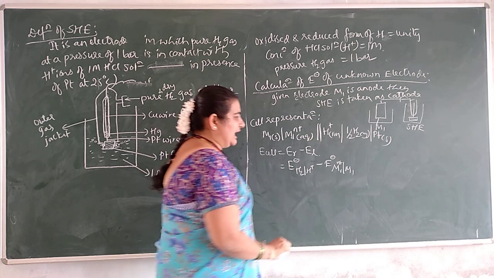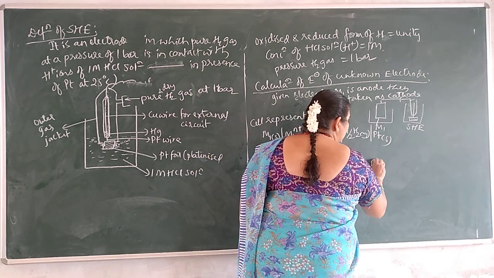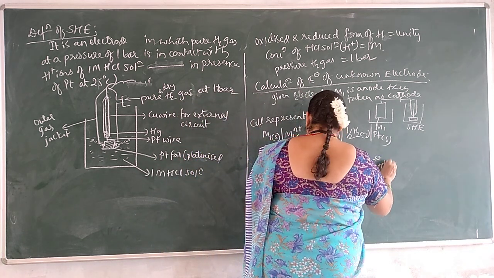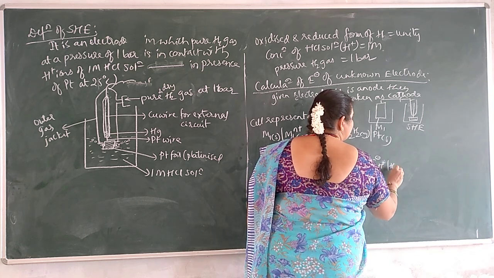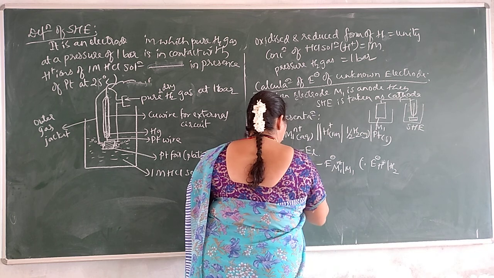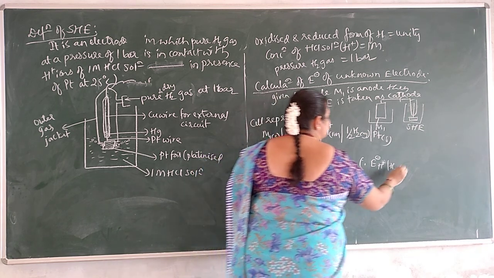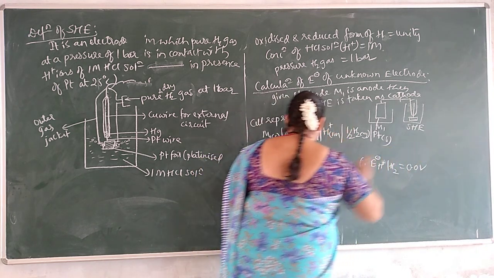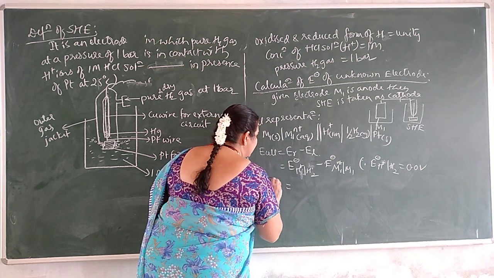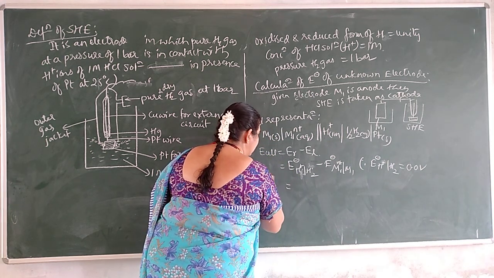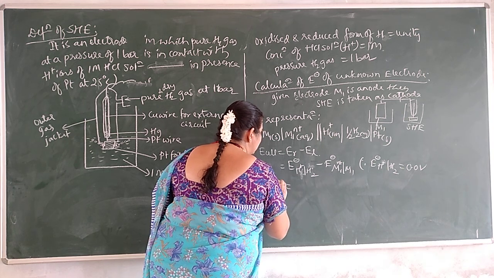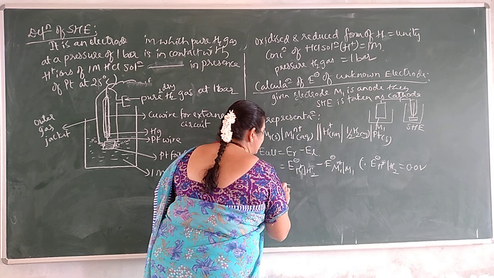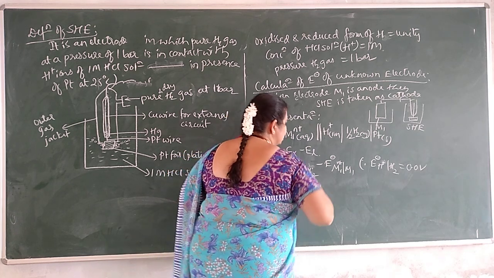Here E° of H+ | H2 is 0.0 volt, so E of M1^n+ | M1 can be written as minus E cell.